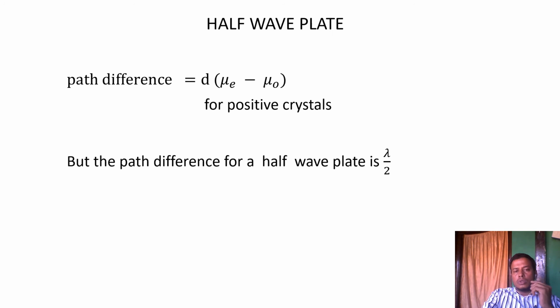So the path difference produced by the half wave plate is lambda by 2, that's why it is called a half wave plate. The path difference is lambda by 2, hence it's a half wave plate. It has half of the wavelength, that's why it is called half.